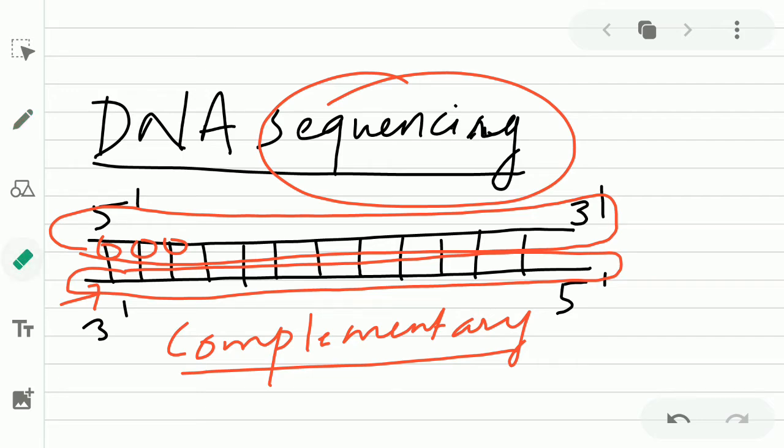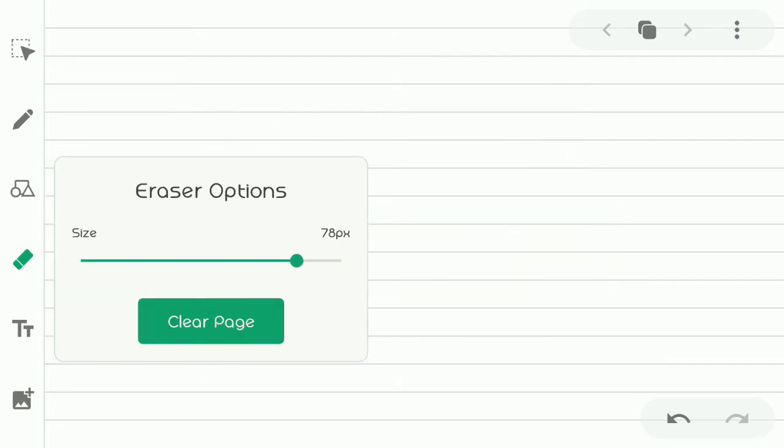Now let us see what strategies are followed for this and how this is being achieved. One of the important techniques is the technique put forward by Frederick Sanger.